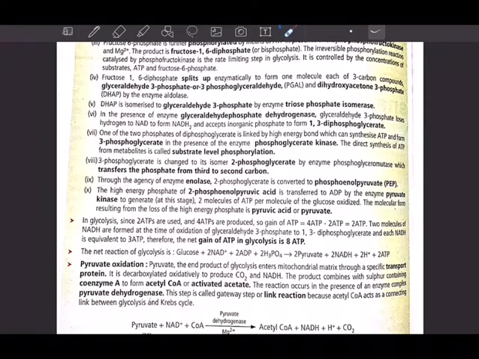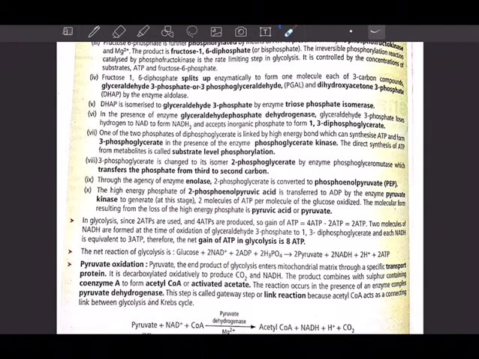Next, in the presence of the enzyme glyceraldehyde phosphate dehydrogenase, glyceraldehyde 3-phosphate loses hydrogen to NAD to form the energy-rich compound NADH2 and accepts inorganic phosphate to form 1,3-diphosphoglycerate.